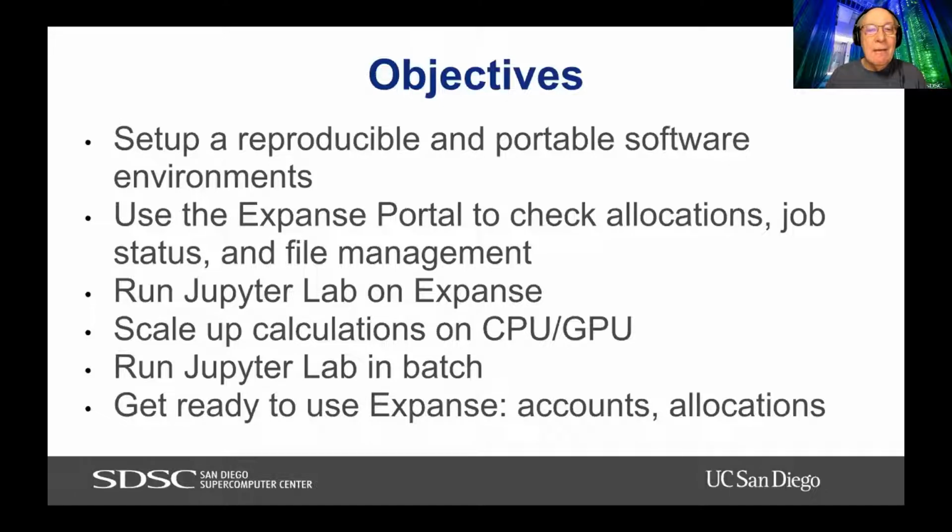And then we want to take advantage of Expanse by running on multiple cores or running on GPU. And then finally, if you want to go into production, you can also run your JupyterLab in batch mode on Expanse. And finally, if you don't have an Expanse allocation, I will briefly talk about how you can get a trial account on Expanse.